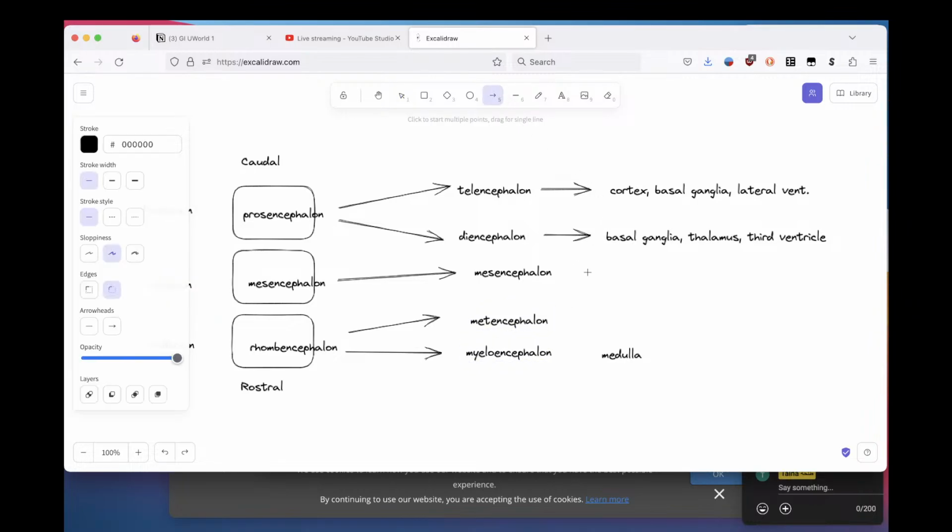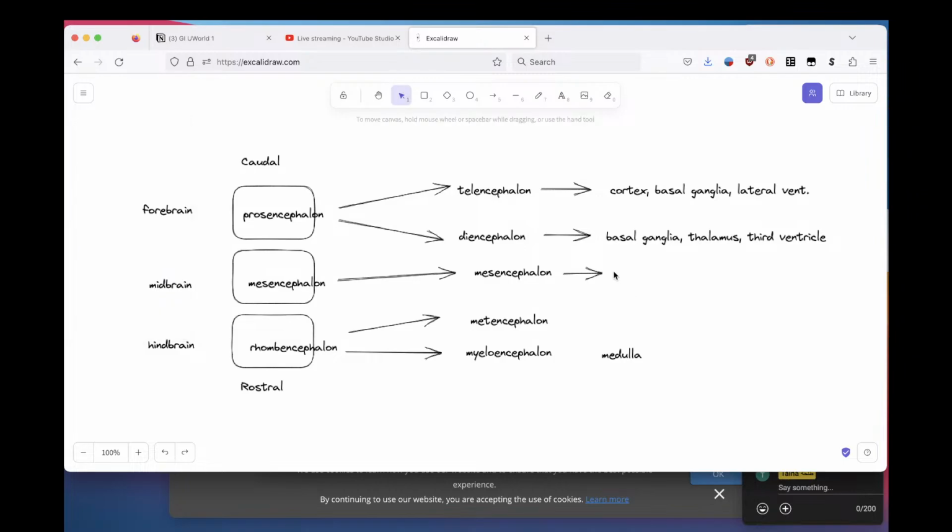Okay, and then the mesencephalon is actually going to be the midbrain and the aqueduct. Midbrain and aqueduct.